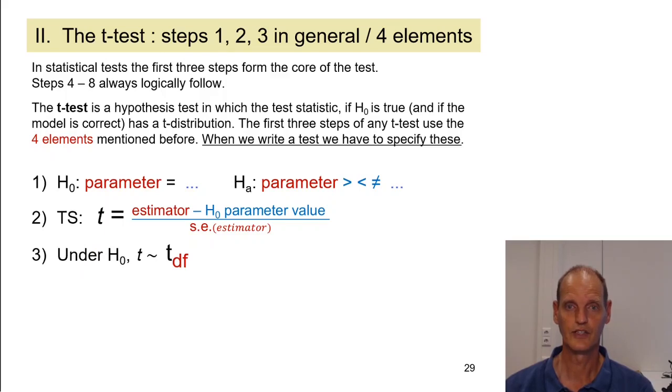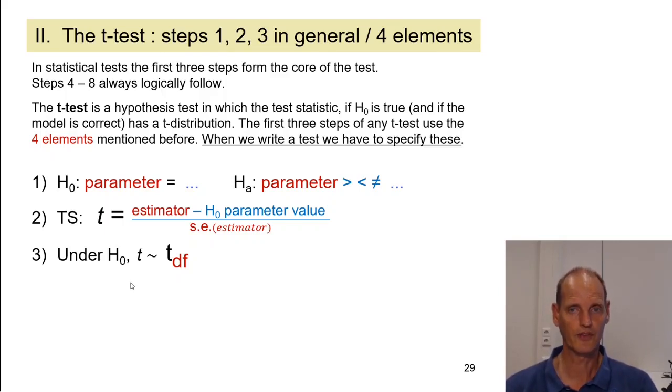So it's the 3 dots that we see here, the null hypothesis parameter value. And the difference here is divided by the standard error of the estimator. So parameter is the first element, estimator the second element, and the third and the fourth element are standard error and df. And that comes in step 3.